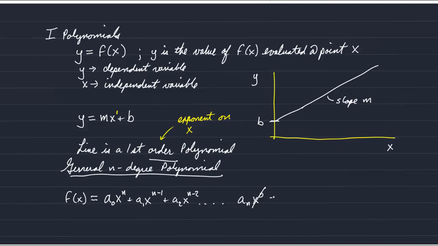And we can, in general, equate that function. Generally, it's equated to 0. So this is our general n-degree polynomial. Now, the order of the polynomial is the greatest exponent on x that has a non-zero coefficient.